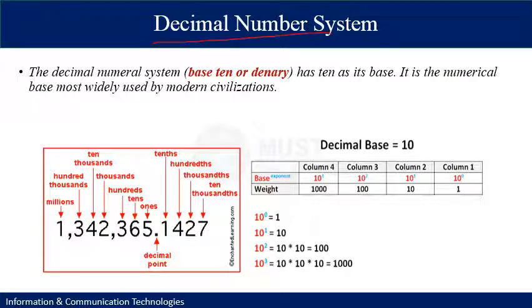The decimal number system, which is based on radix 10, has 10 as its base. It is the numerical base most widely used by modern civilization.